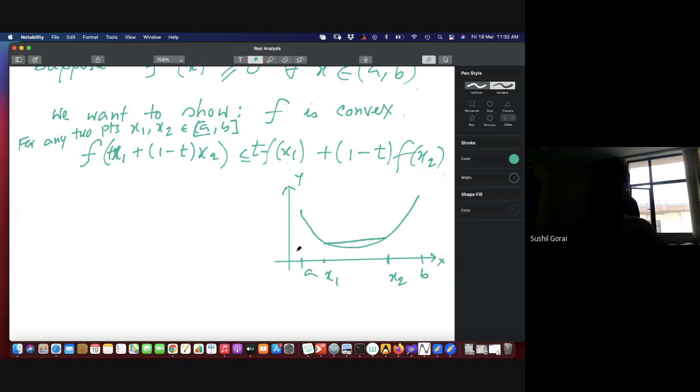So what is the coordinate of this point? This point is x1 comma f of x1. And what is this point? x2 comma f of x2. Right? Now what is this function? I want to write this as a function, let's say.